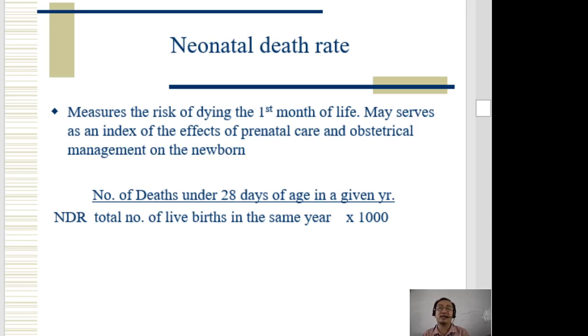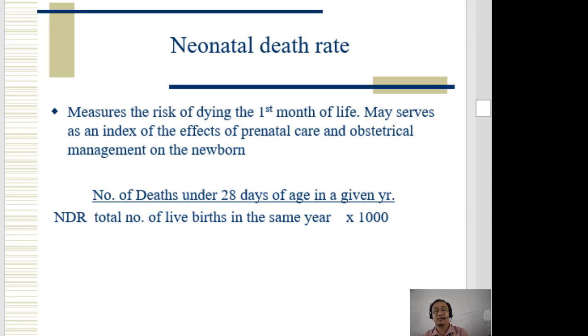So if there is a high neonatal death rate, there is poor prenatal care and poor obstetrical management. NDR is equal to number of deaths under 28 days of age in a given year divided by total number of live births in the same year times 1000.